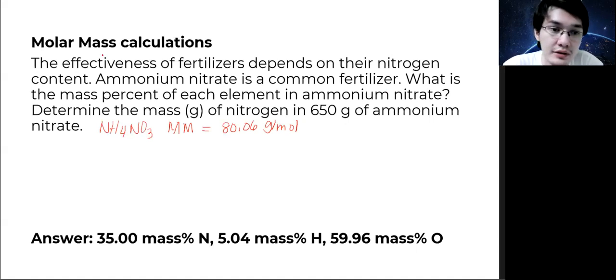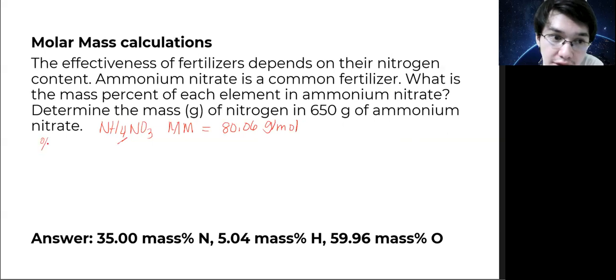Then we make use of how many of an element is present in a compound. For example, we make use of the subscripts. We have 4 hydrogen atoms, 2 nitrogen atoms, and 3 oxygen atoms. So we make use of those.